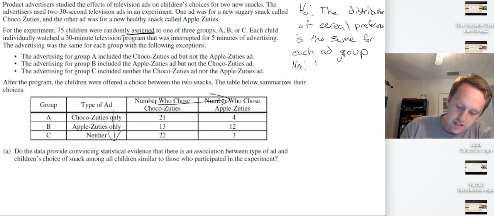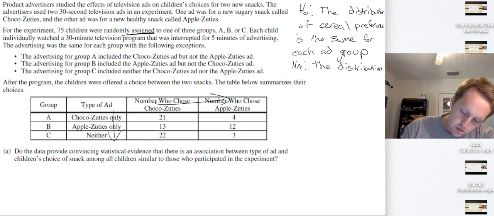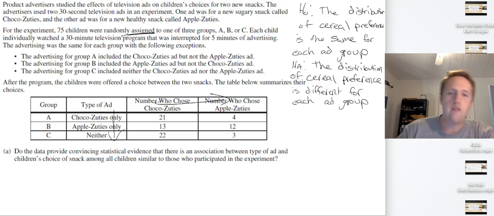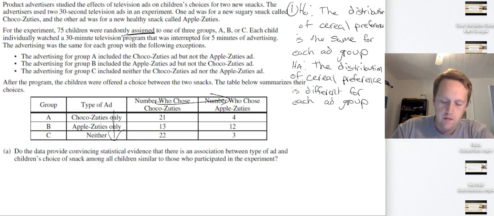So the alternate is basically the exact same thing. The distribution of cereal preference is different for each ad group. There, I have stated. So that's my first step.